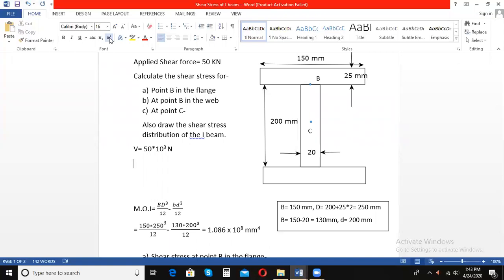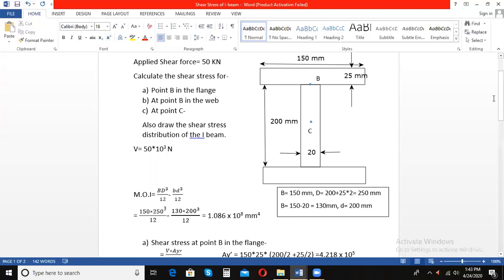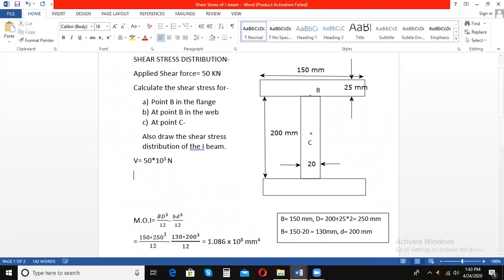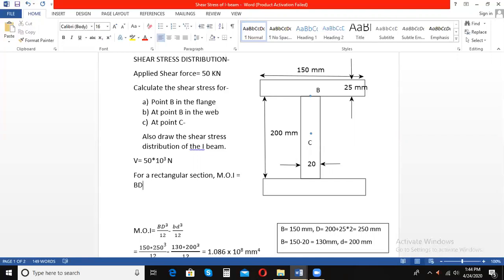Then we have I. Now how to calculate I? I is the moment of inertia. You know that for a rectangular section, the moment of inertia, or MOI, is equal to BD cube by 12.